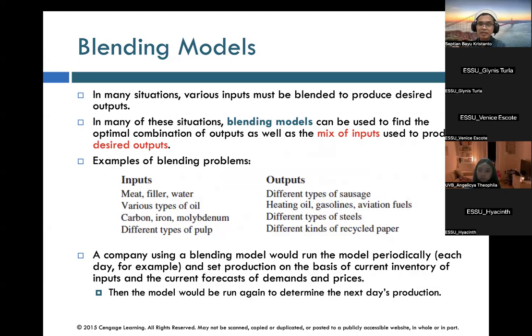It's a combination problem. While you have capital, you also need human resources. So you can run your business with knowledge, intellectual capital and money capital. That's the simple way to run a business in the mixed model or blending model.